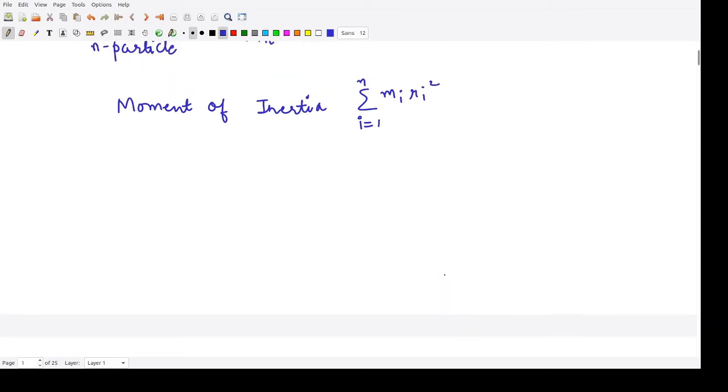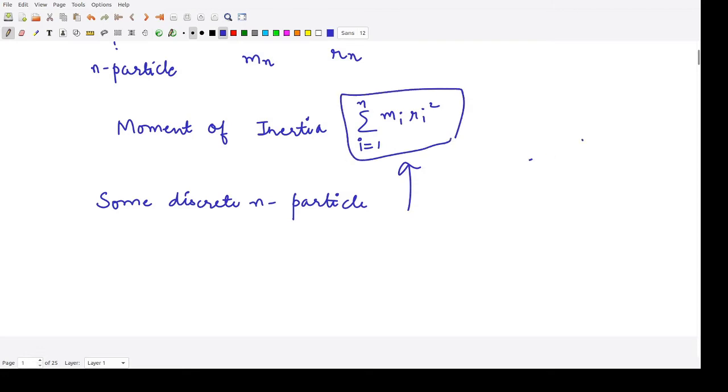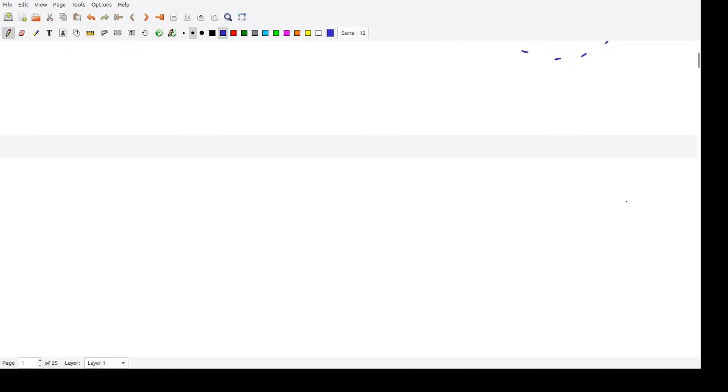This is the moment of inertia when you have some discrete n particles. That means the particles are spread out in space and would have different coordinates. But what if we have continuous particles with us?